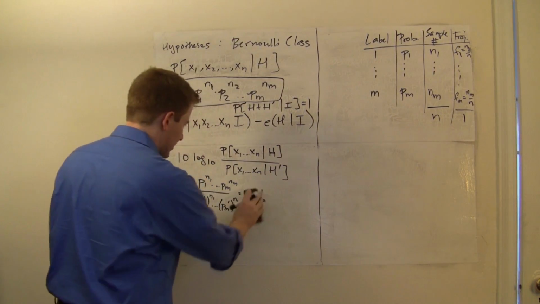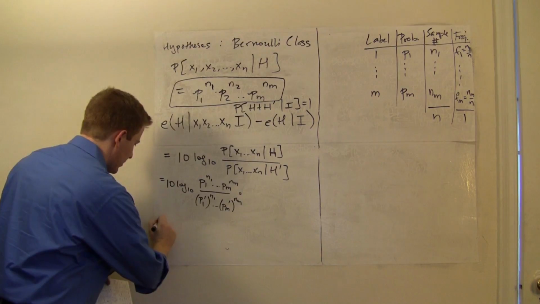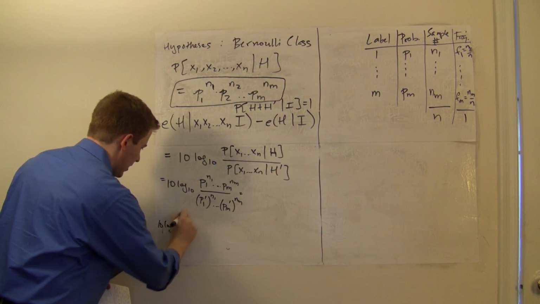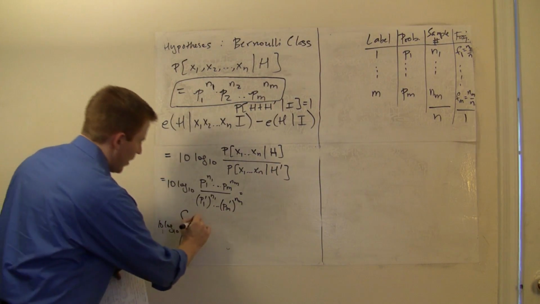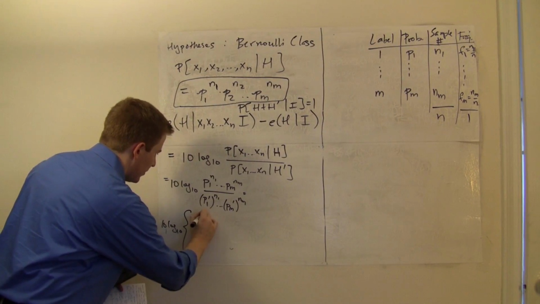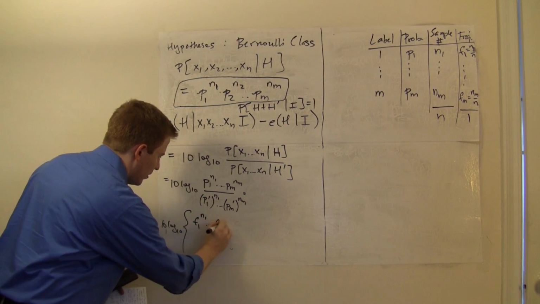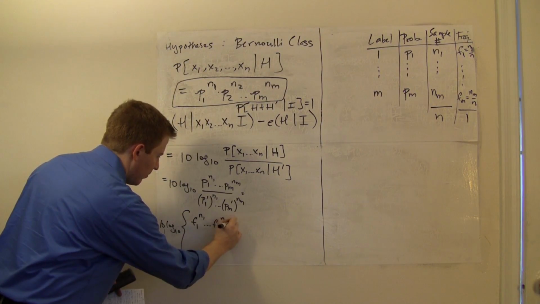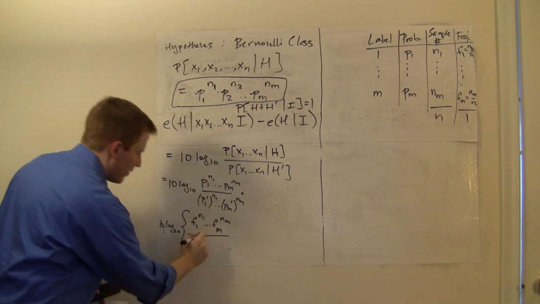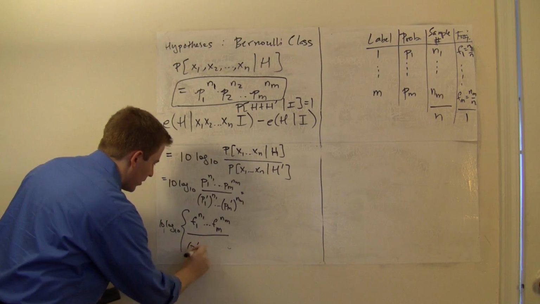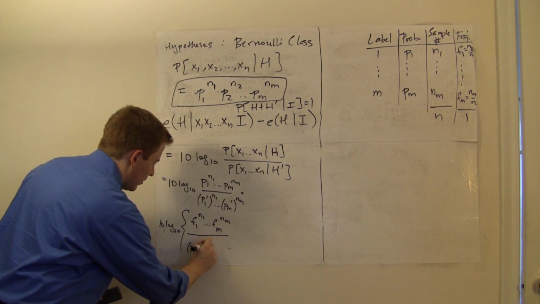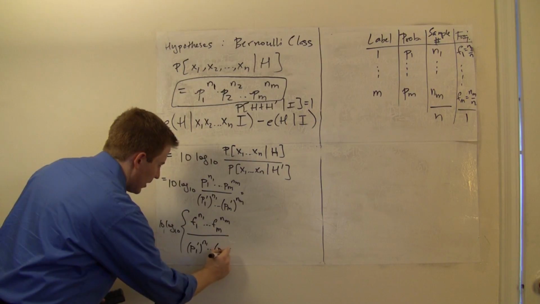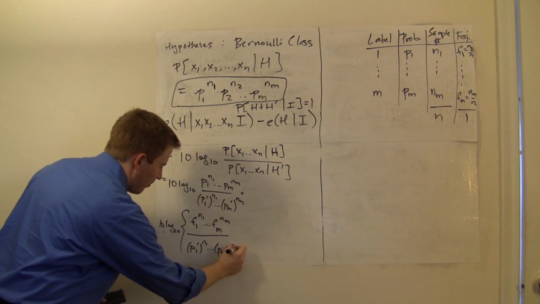Let's write this as 10 log 10 of f1 to the n1 times up to fm to the nm, divided by this denominator term, p1 prime to the n1 up to pm prime to the nm.